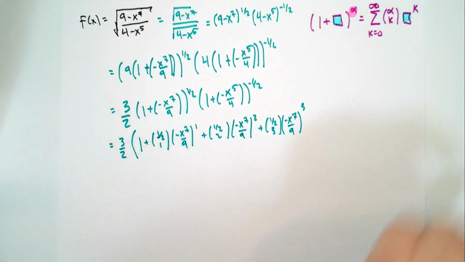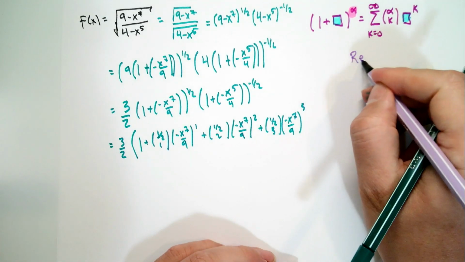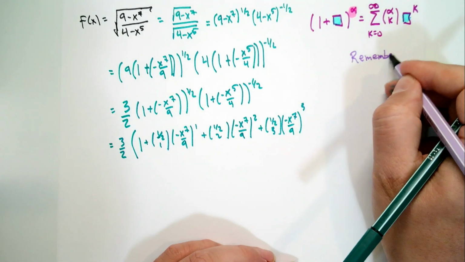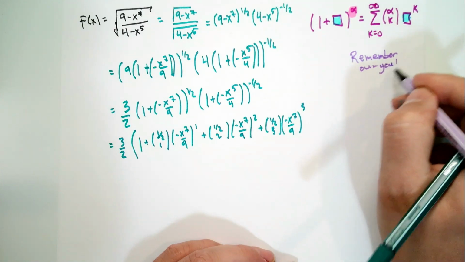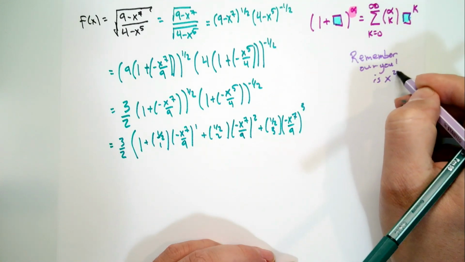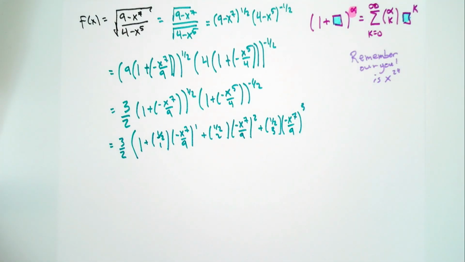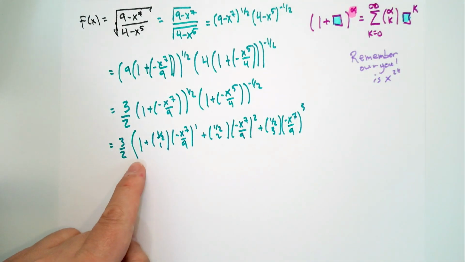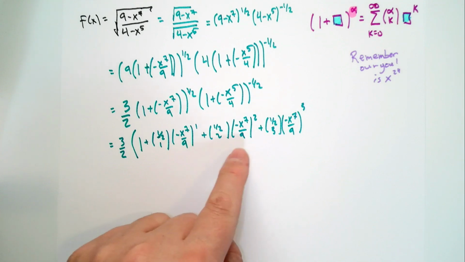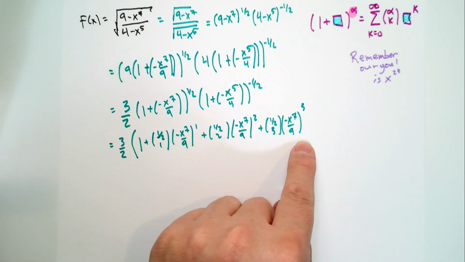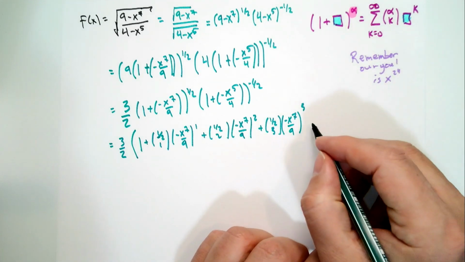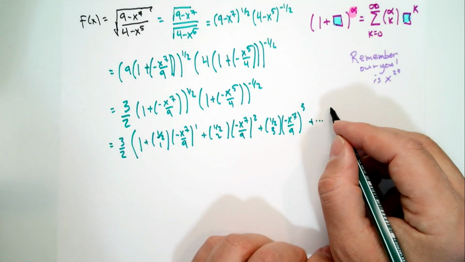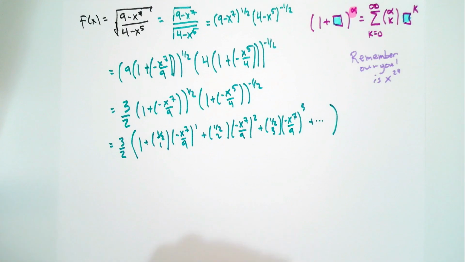Now, I'm going to make a little note here. Remember, because it's been a while, I was on the previous page, our goal is x to the 24. Now, notice our powers: 1, 7th power, 14th power, 21st power. The next term is 28. That's bigger than 24. That means everything past that doesn't contribute.